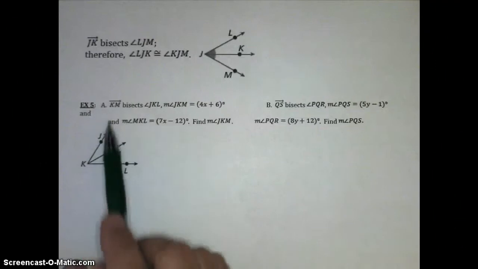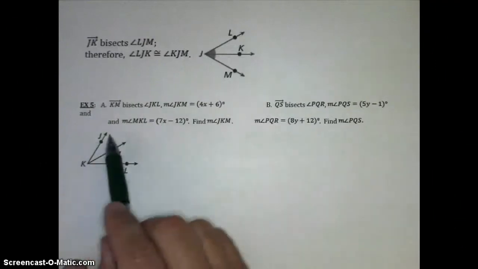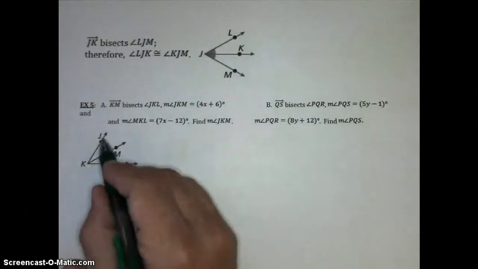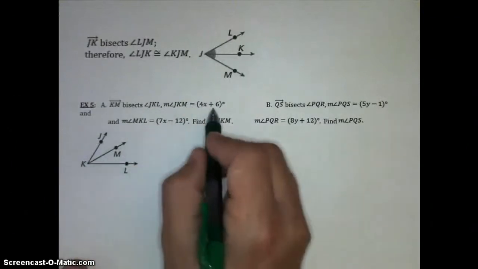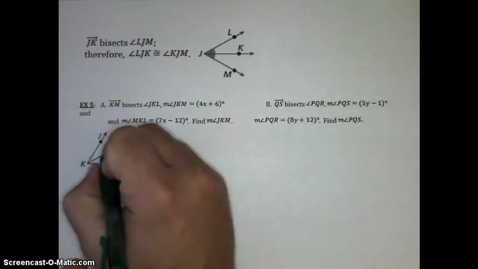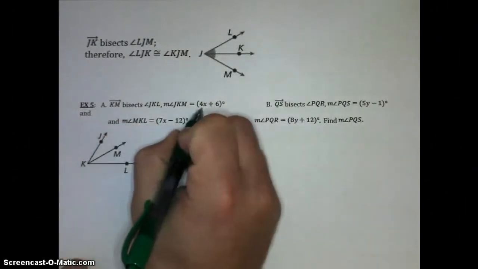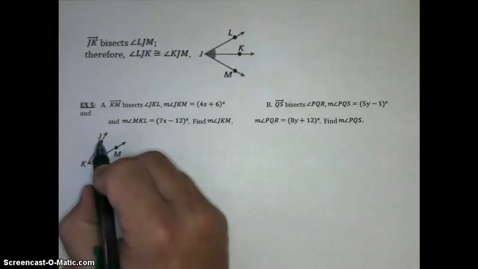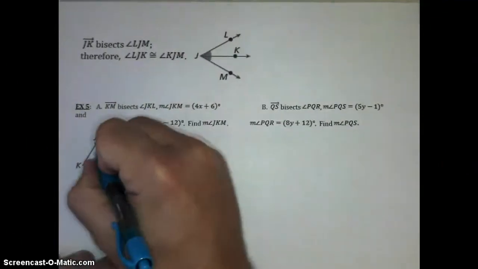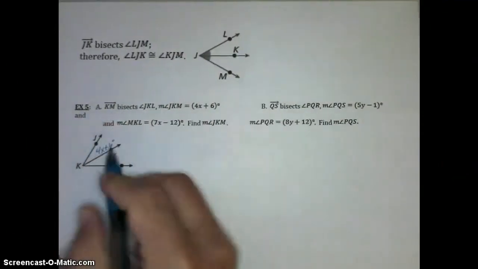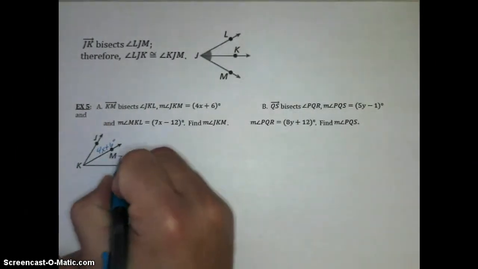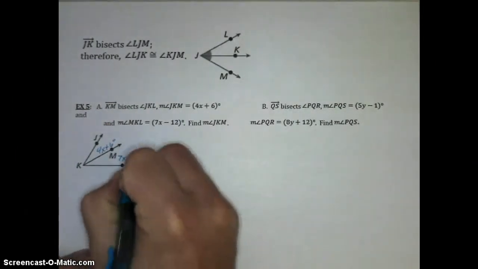Part A, we are told that KM bisects angle JKL, and the measure of angle JKM is 4x plus 6. So for part A, we're told that JKM is 4x plus 6 degrees, and that MKL is 7x minus 12 degrees.